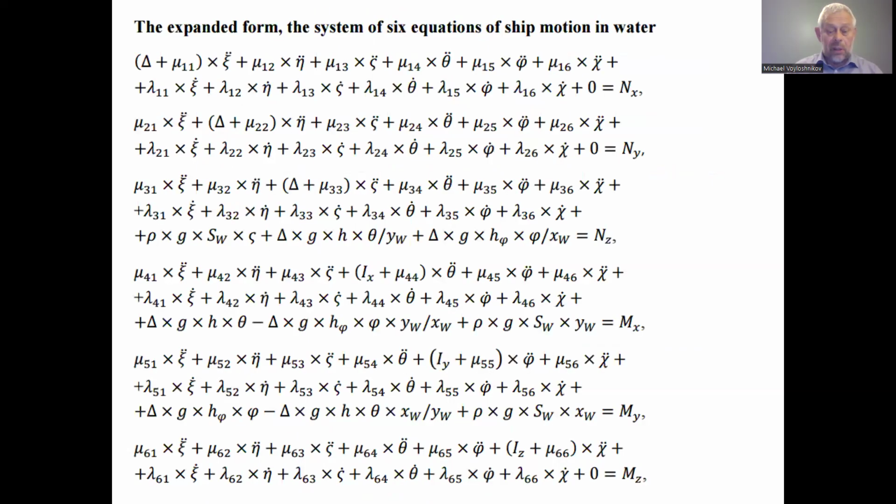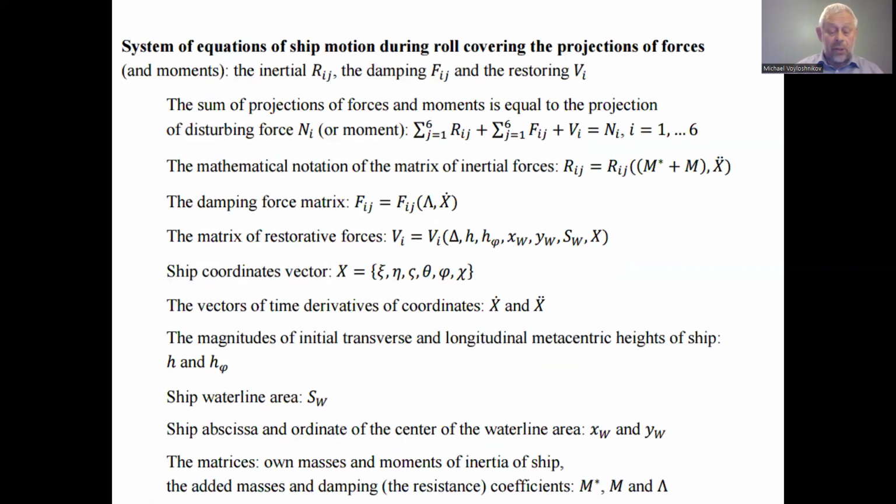For the third, fourth, and fifth equations, we have just restoring forces, and no forces or moments restoring the ship to the original position in the ship rocking along the longitudinal axis and transverse axis, abscissa and ordinate, and when yaw rolling around the applicate axis.